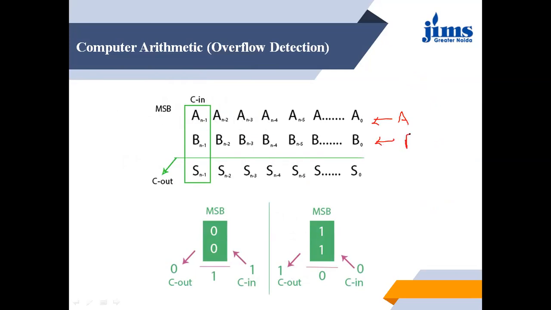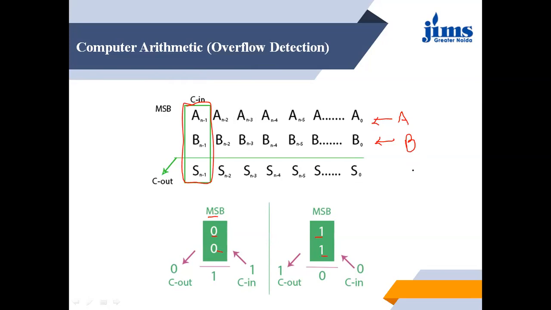We know that the MSB in all the numbers shows that the number is positive or negative. So this is the most significant bit. So here can be two cases, 0, 0 and 1, 1.